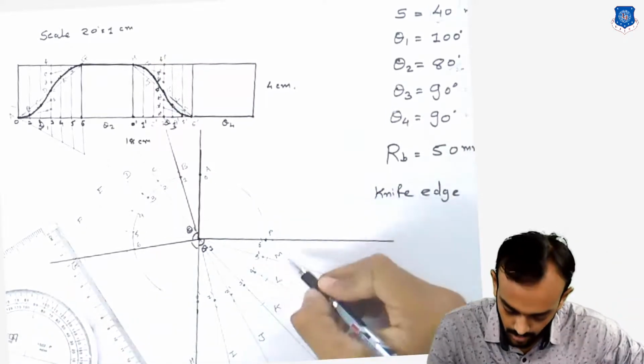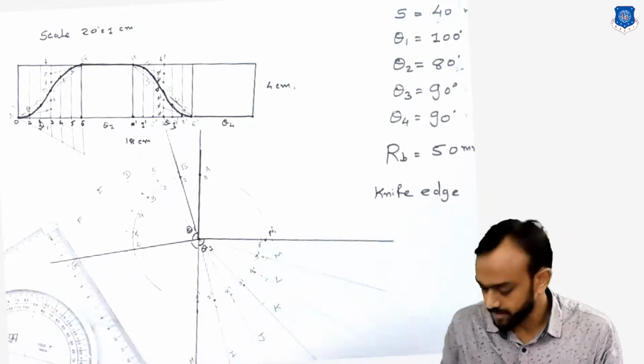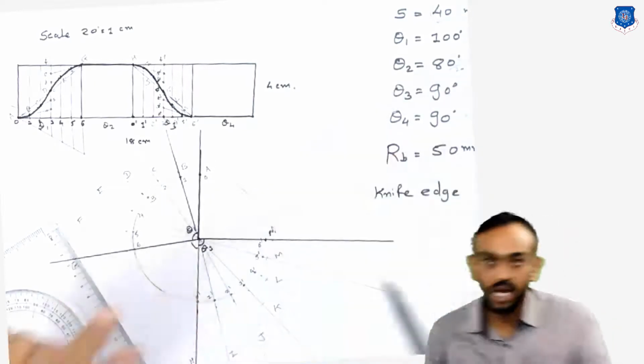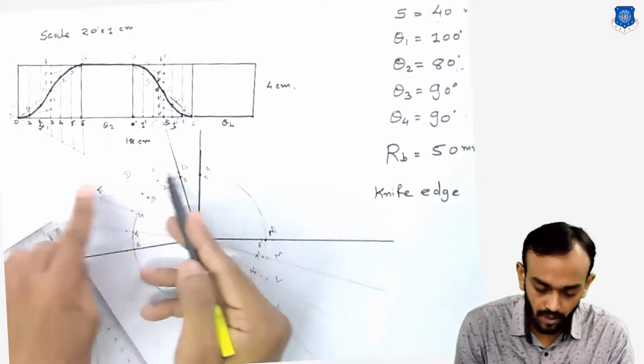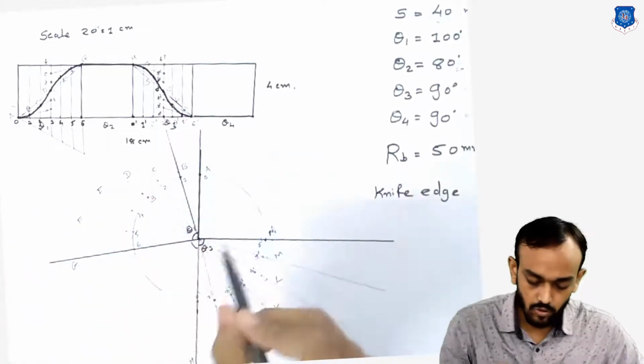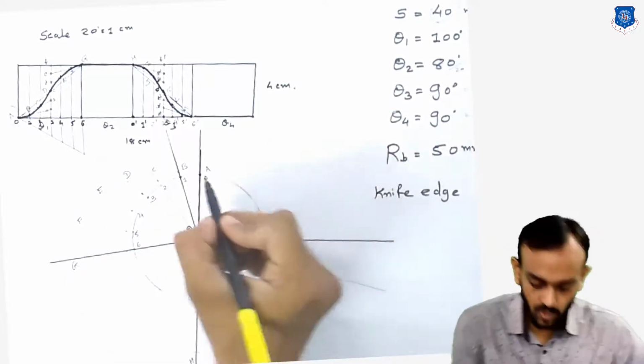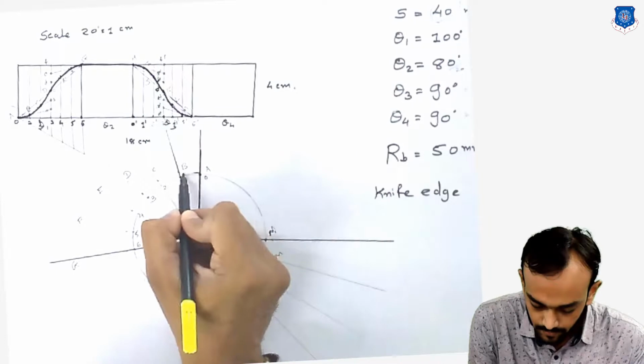Okay, M and N. So now we have to draw here. Now we will draw the curve from each arc we get here. So basically this curve must be as smooth as possible. Okay, like this.